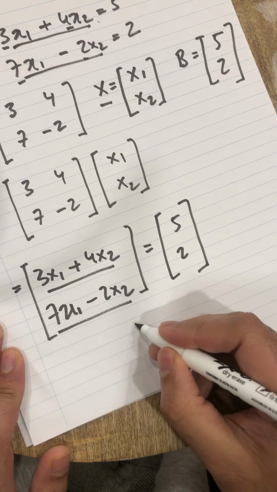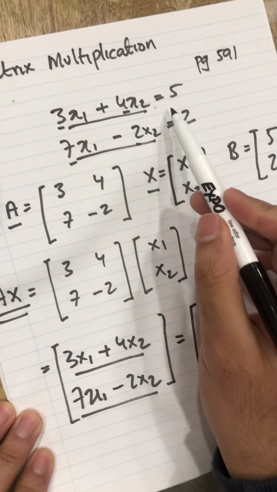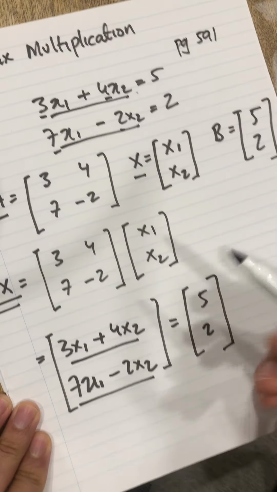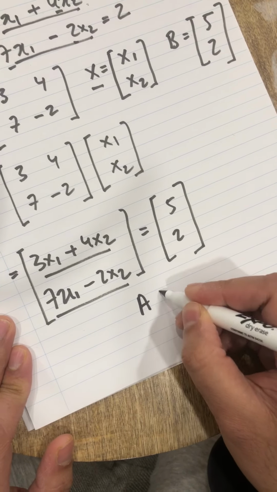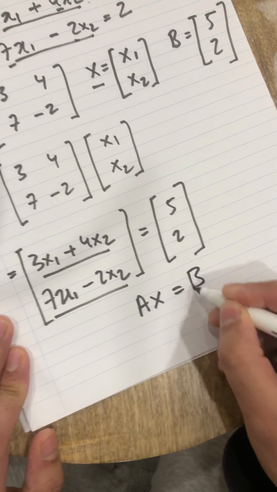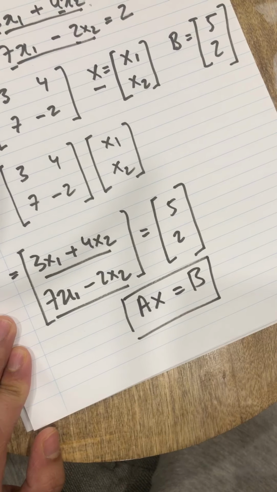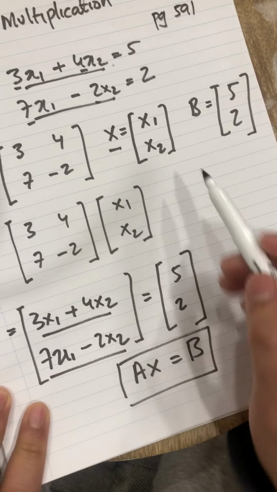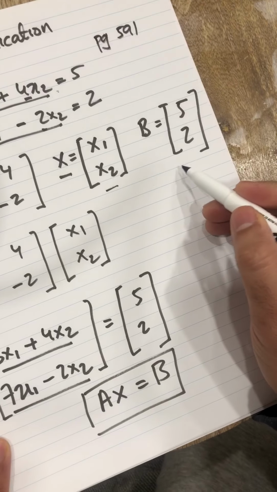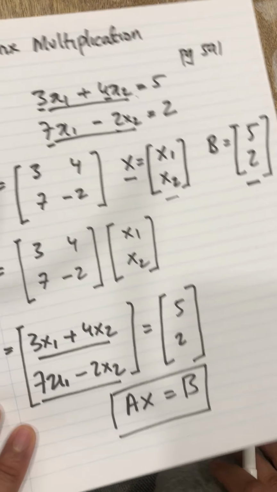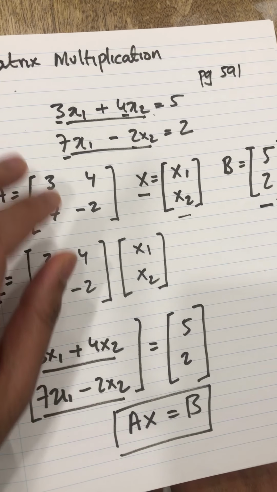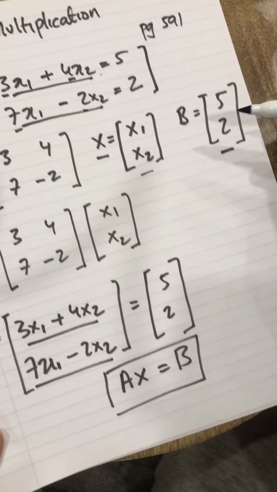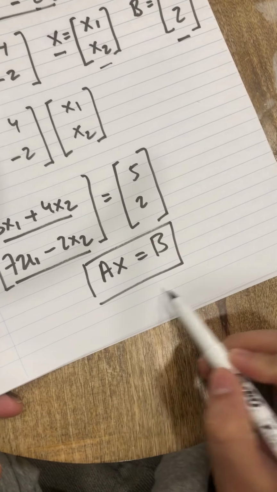So essentially, if you have these two equations and you want to write them in matrix form, you can write AX equals B, where A is the matrix here, X is the matrix here, and B is the matrix here. So this is just a preliminary introduction into how we can take systems of equations like these and write them in matrix form. Okay.